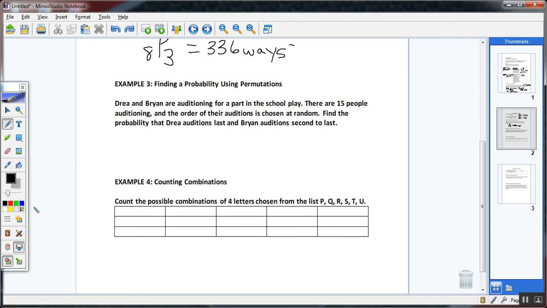Are we just going for a few of them, or are we going for all of them? All of them. So it'd be 15P15, which is 15 factorial. It's a big number, isn't it? It's huge.